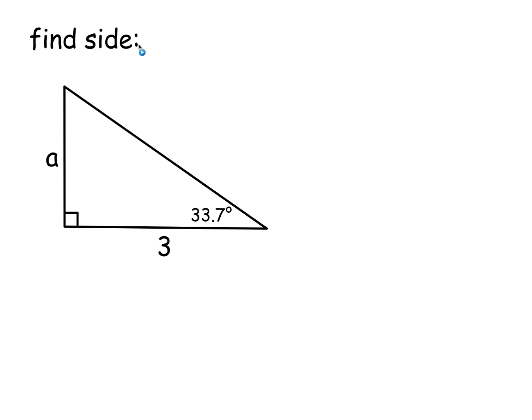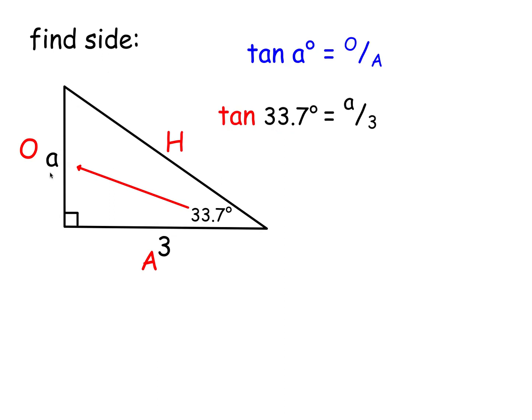Second case was find a side. Again, you label the sides of the triangle. We're dealing with O and A. Tangent of the angle 33.7 is opposite over adjacent, A over 3. So there's tan 33.7, it's the opposite side, A over 3. Don't mix it up with the capital A, which is just to label the sides.